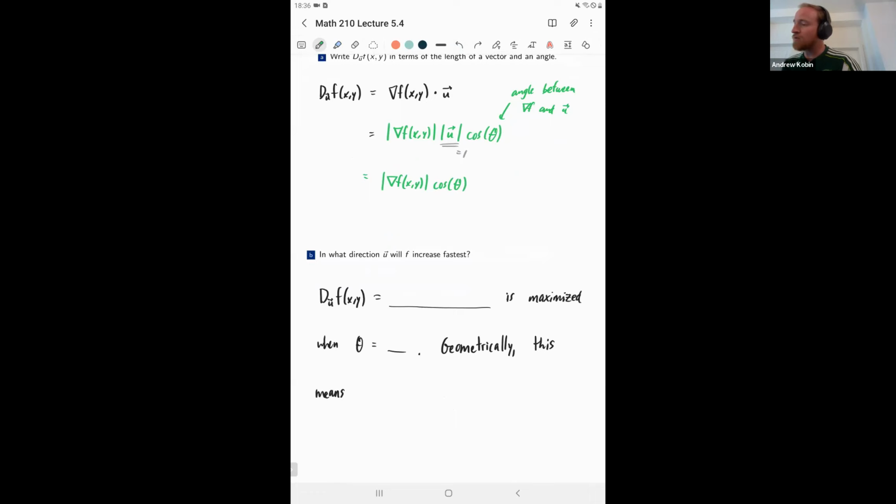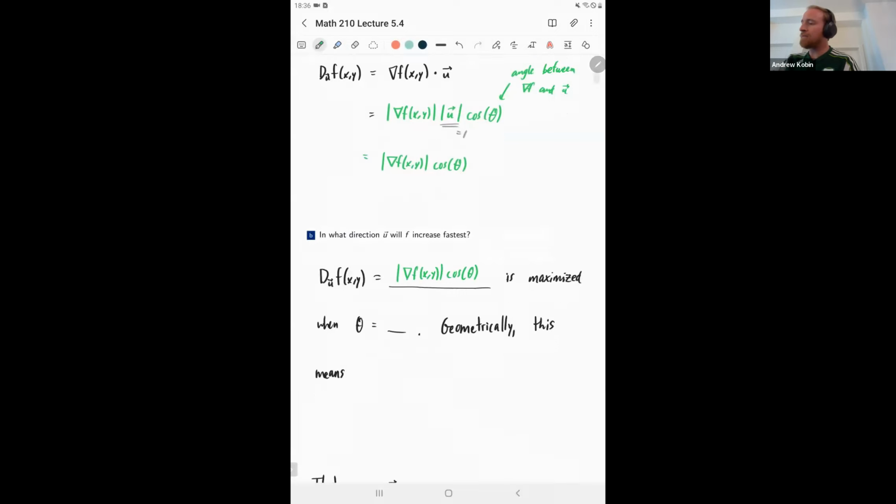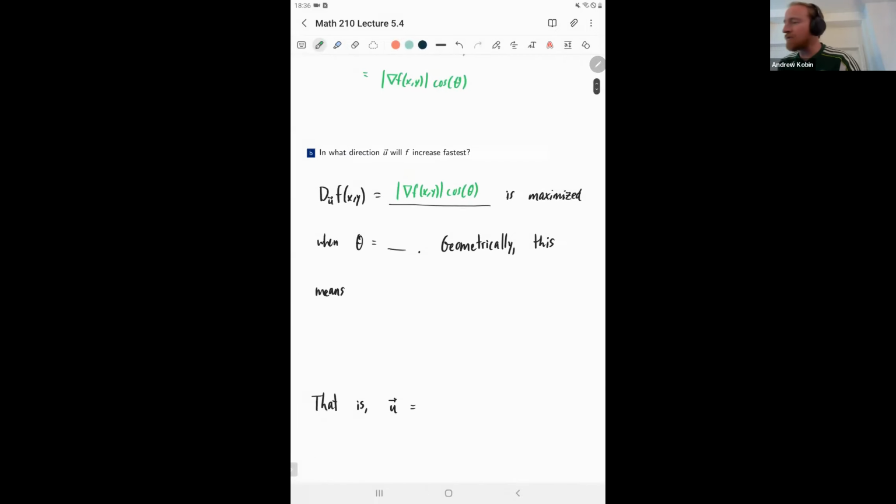So let's answer this question now. In which direction will f increase fastest? Well, we just saw that the directional derivative, which measures rate of change, can be computed by the length of the gradient vector at x y times cosine of the angle that gradient makes with our direction u.